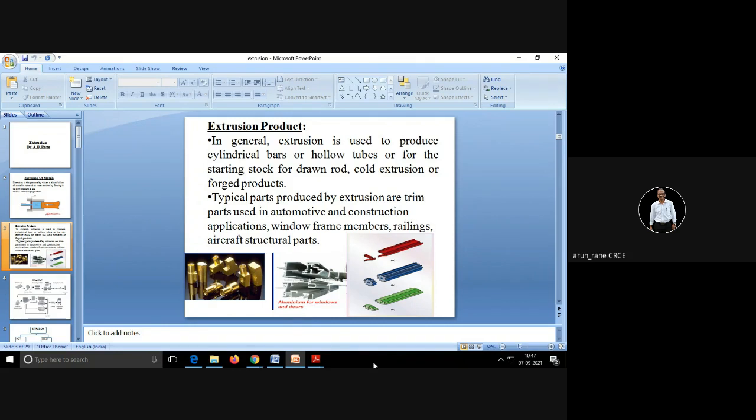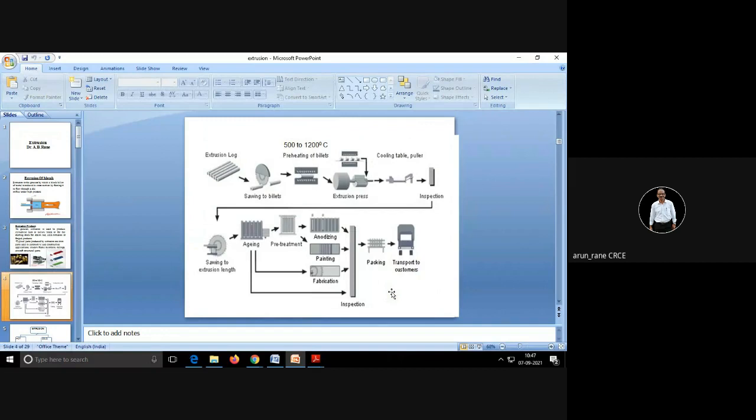Either you can have the hollow before, or you can use a hollow component as raw material, or you can even extrude hollow. That is, you can push a rod in the center and create a hollow in the extruded product by pushing a rod in heated condition.